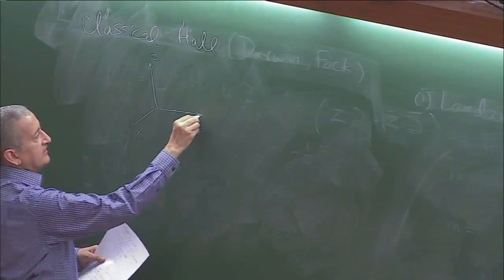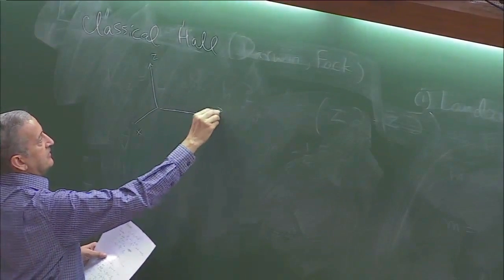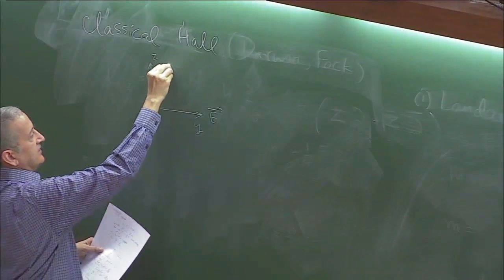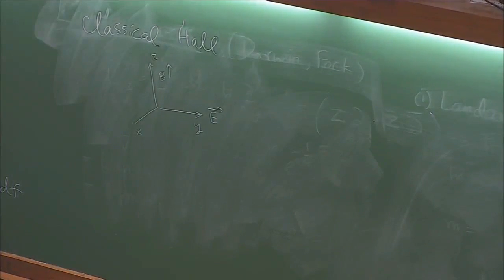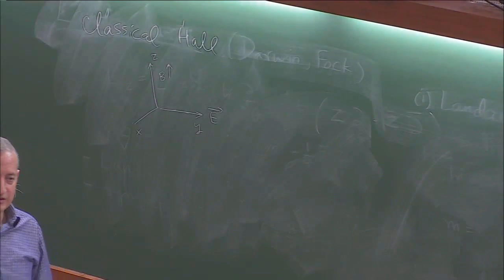So let's say the electric field is in this direction. The magnetic field is in this direction. Then the actual trajectory of the charged particle depends on the initial conditions. So it can go like this or it can go straight.